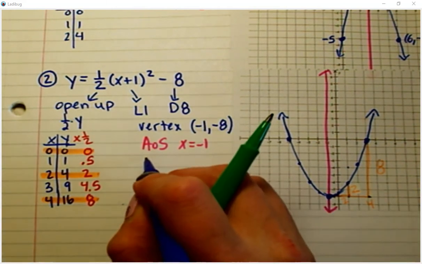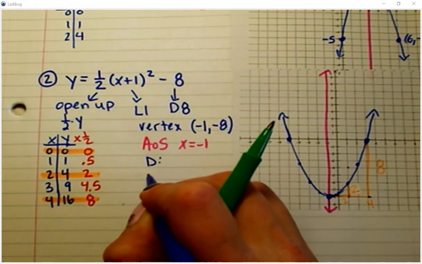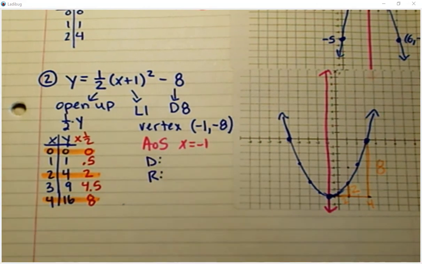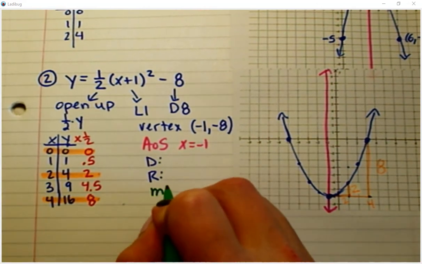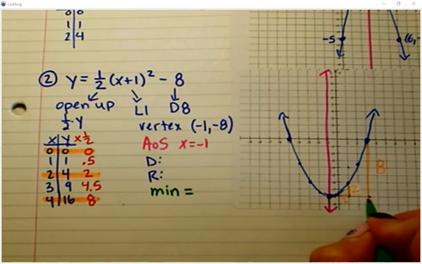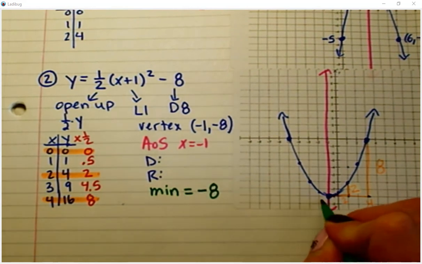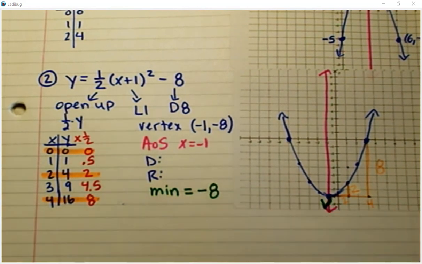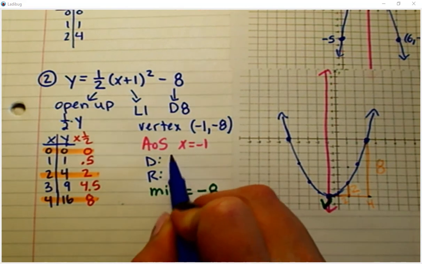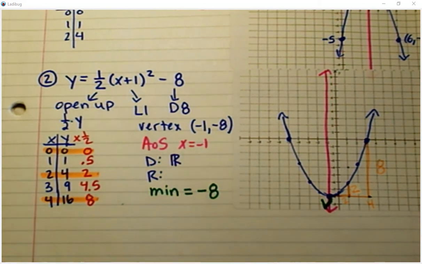All right. Domain. Range. The minimum is -8, and that point, right? I want to make sure I know which one's the center. All real numbers.